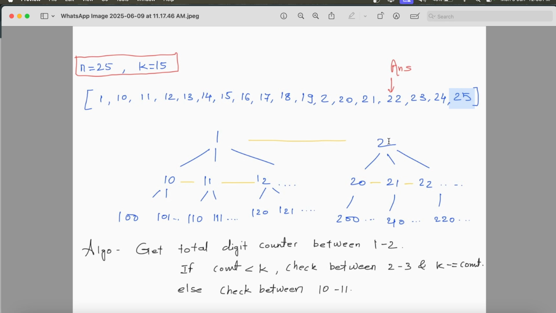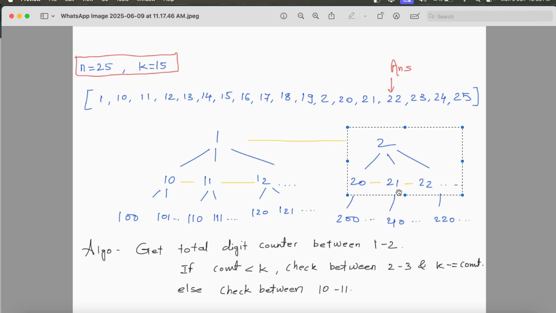So we check the counts between 2 and 3, how many numbers there are. The moment we get the counter, we check it against k. Previously, whatever counters we got, we simply subtract those from k, and with the new updated k we check the counts that we get from 2.